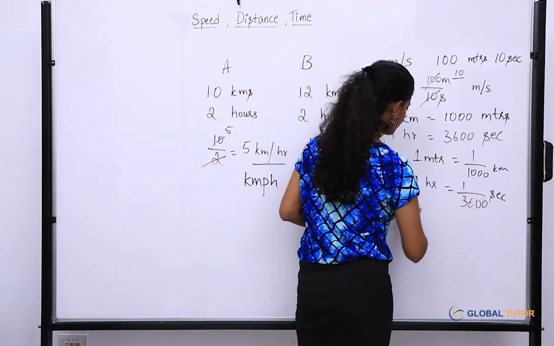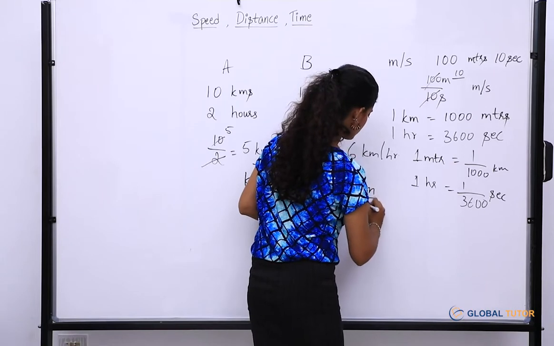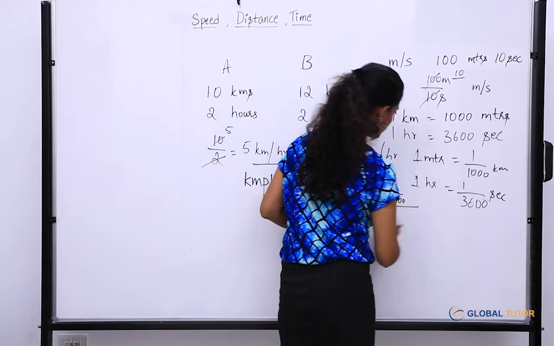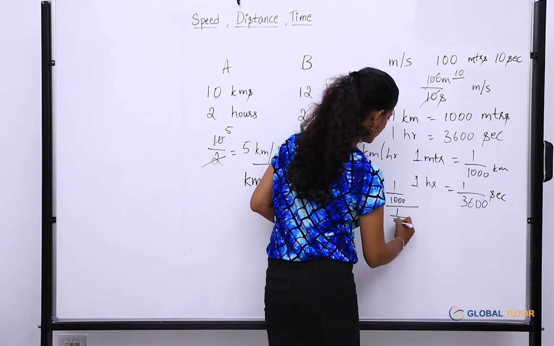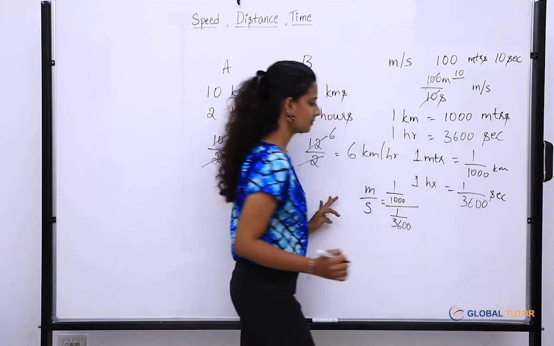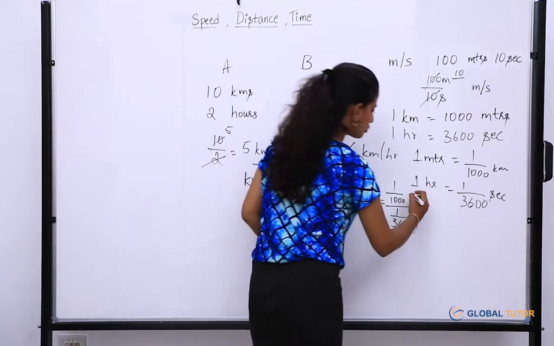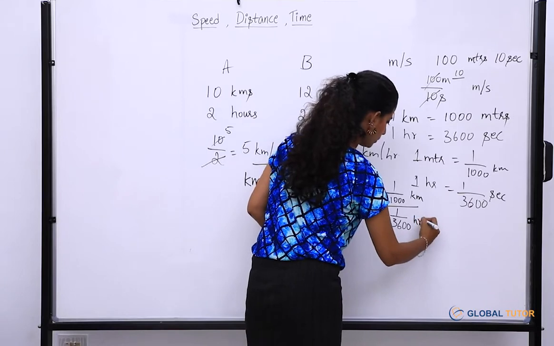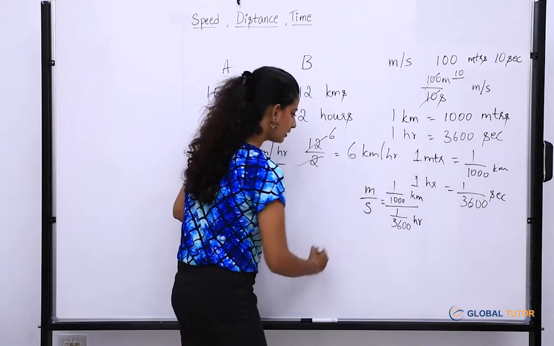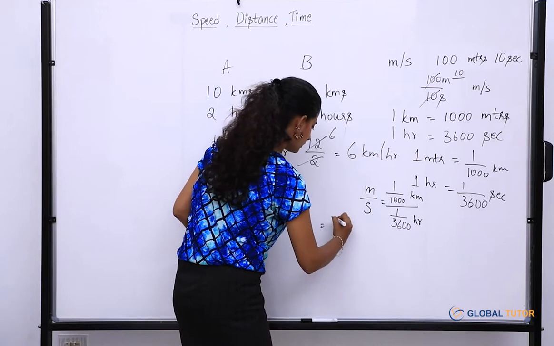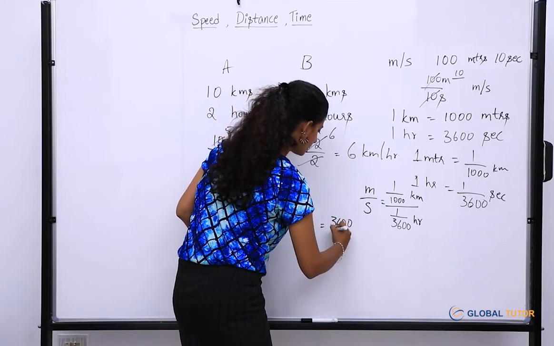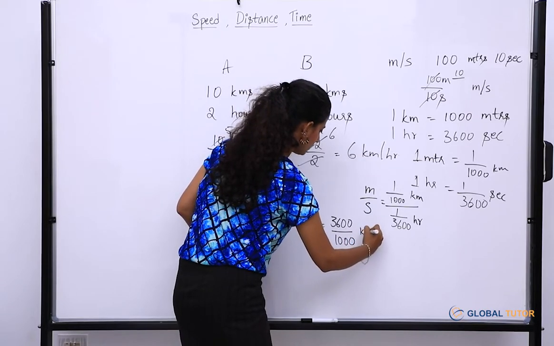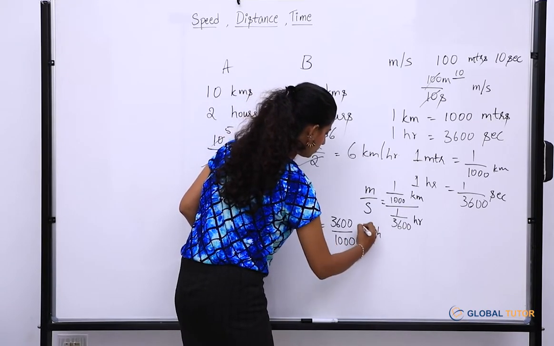So this will be m divided by s, which is 1 divided by 1000 whole divided by 1 divided by 3600. So here I have to also put the units. So this is kilometer, this is hour, right? So now this will shift. So this becomes 3600 divided by 1000. And that's kilometer per hour.